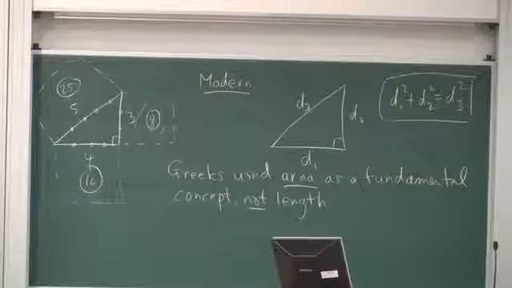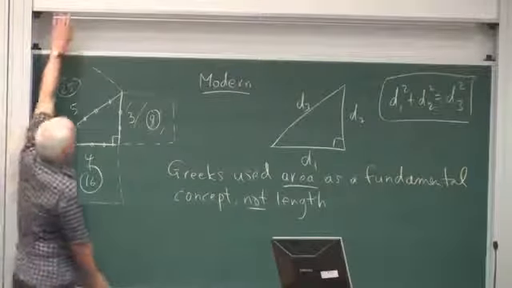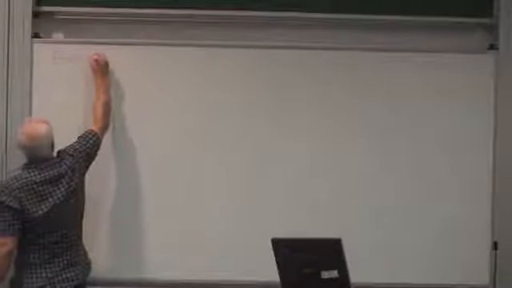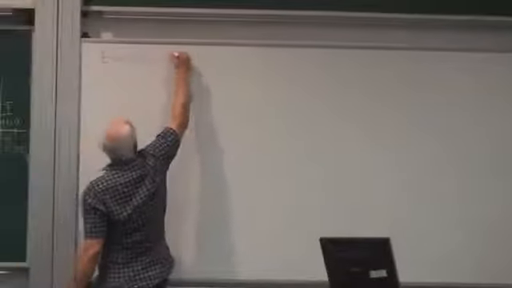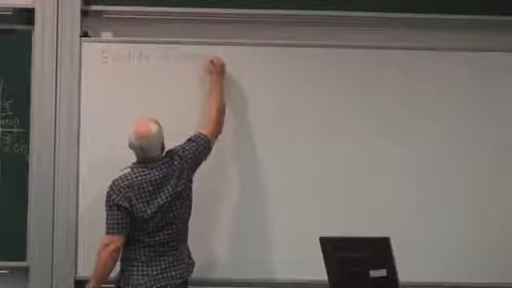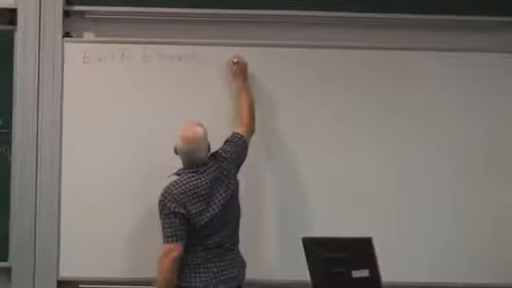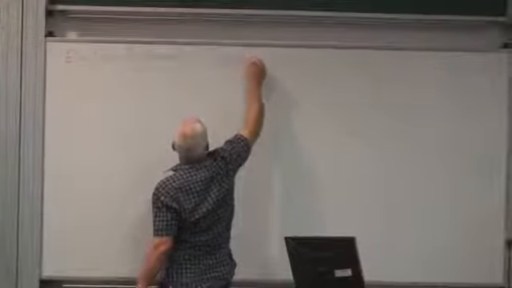And so the formulation of the theorem in Euclid's Elements, this is the most important book in the history of mathematics, Euclid's Elements, that's written around 300 BC.